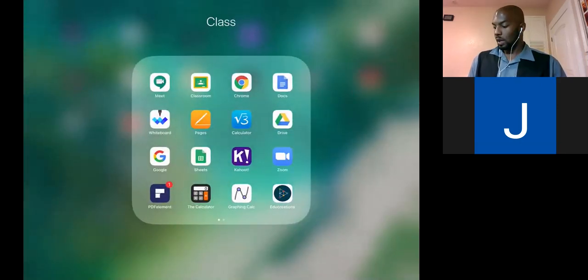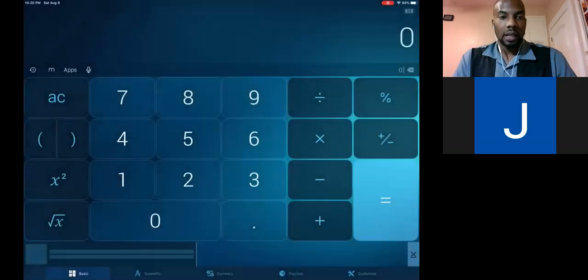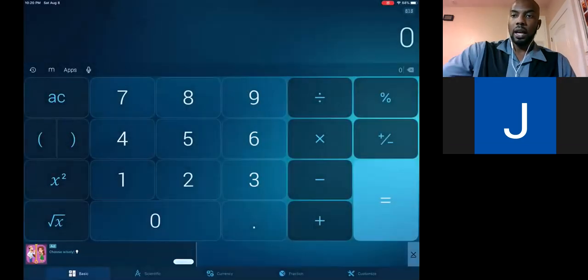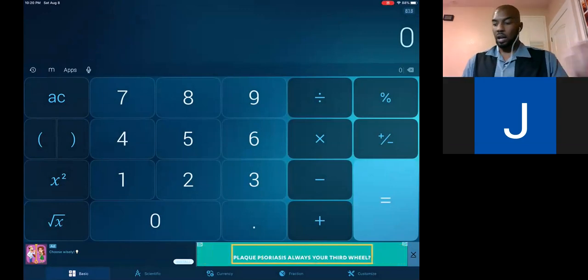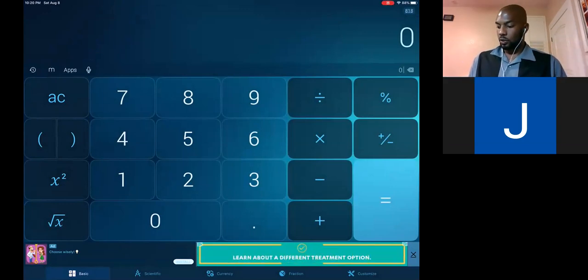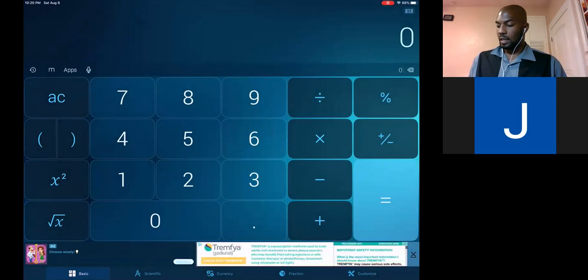So I go to my calculator app, and mine is blue. And you'll see here, the top row is AC, which returns you to 0, 7, 8, 9, division symbol, and percentage.